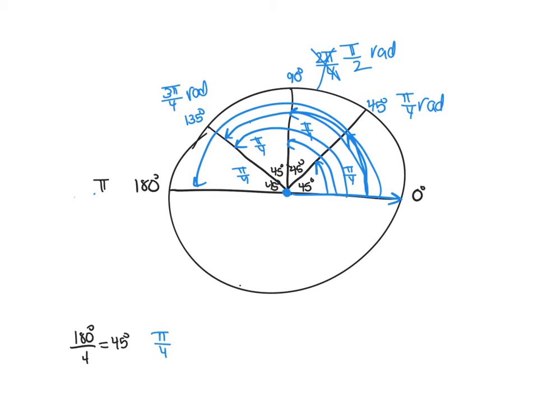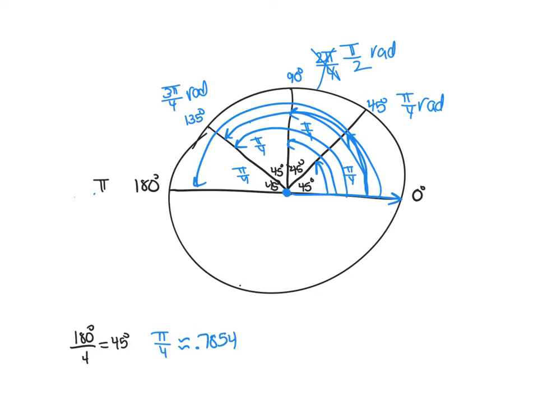And what I don't want you to lose sight of is what this means. What is a radian? Don't forget what a radian is, okay? When you look at pi fourths radians, what does that mean? Pi fourths is approximately 0.7854, okay? It goes on forever, right?